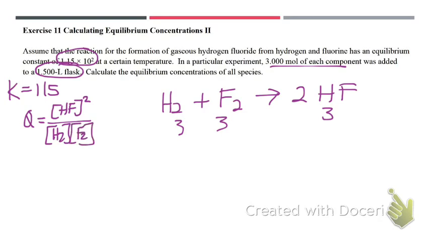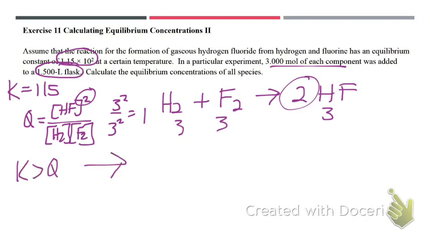I would just real quickly go 3 squared over 3 squared is 1, because everything's 3. This is squared because of that 2, and this is squared because 3 times 3 is the same thing as 3 squared, which is 1. So K is greater than Q, so we're going in that direction. These are all things that I would jot up there, over to the side, to show.